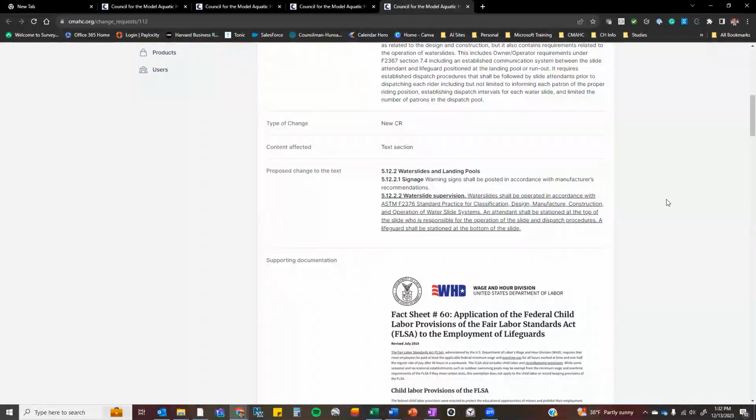Water slides shall be operated in accordance with ASTM F2376, standard practice for classification, design, manufacture, construction, and operation of water slide systems. An attendant shall be stationed at the top of the slide who is responsible for the operation of the slide and dispatch procedures. A lifeguard shall be stationed at the bottom of the slide.